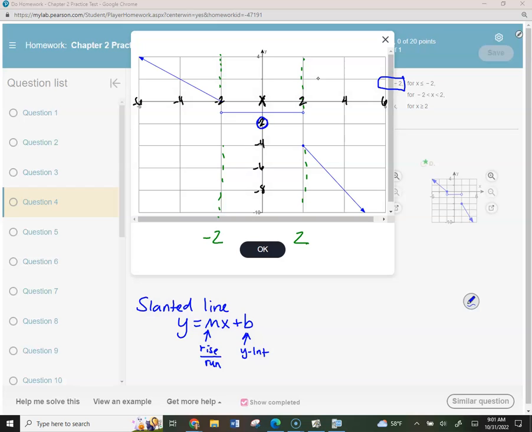So it's going to cross at -2. And now your slope, I went down 1 box, right 1 box. Look at your boxes to see how it's counting. Down means negative, so I went down 2, and then I went right 2. So the equation would be y equals -x minus 2.